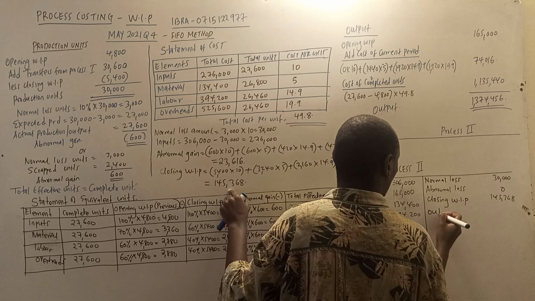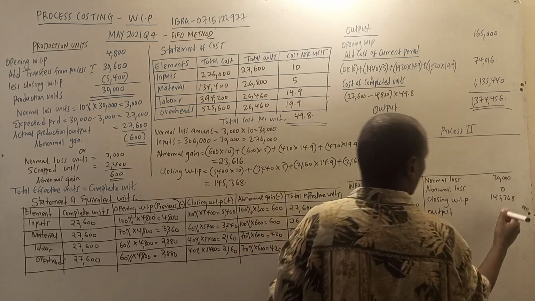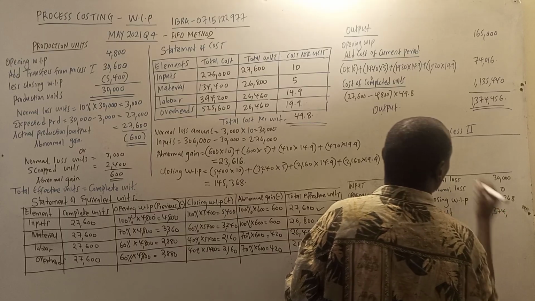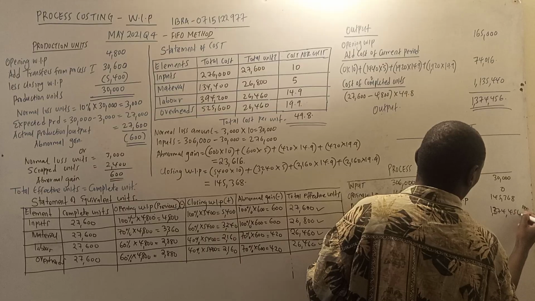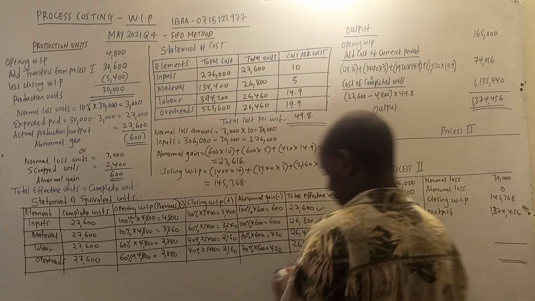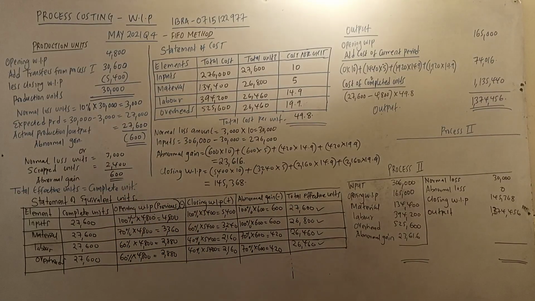Then we have output 1374,456. Then we balance the account. So try to balance. Then we see if it is balancing.